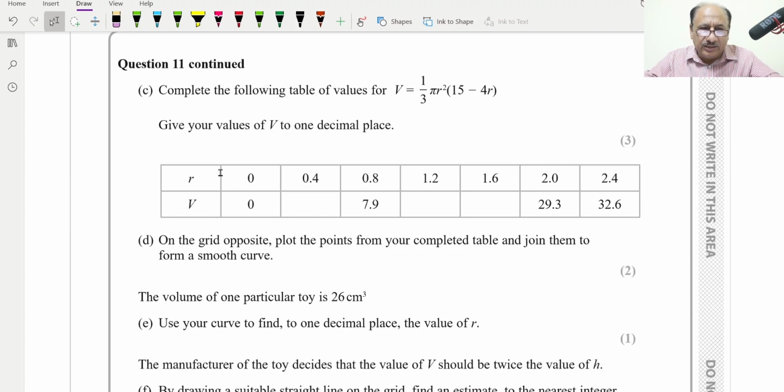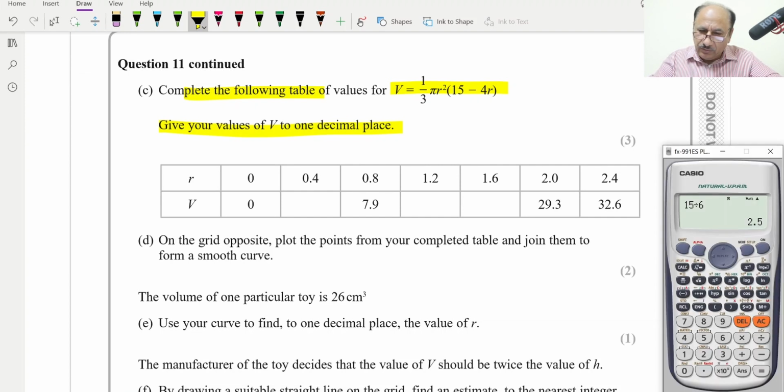Now we can move to the next section, which is part c. Part c says complete the following table of values. We have to complete the table using this equation and give the value of v to 1 decimal place. We can use a calculator for that. I'm always using a calculator for these types of values, so you should also try to use it.